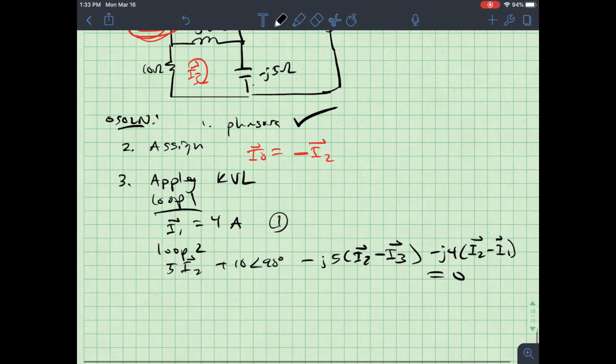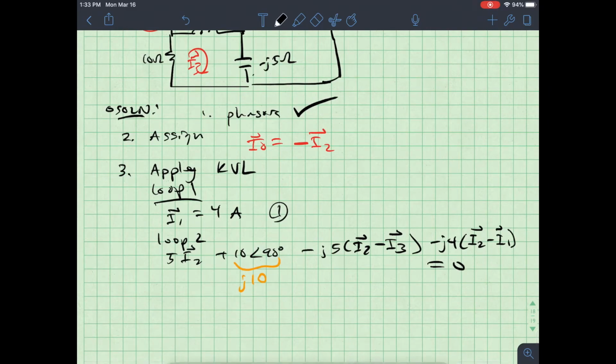Now, let's highlight the following. 10 angle 90 is just j10. Just making sure we capture that here. The other thing I can do is sub in equation 1 and collect my terms.